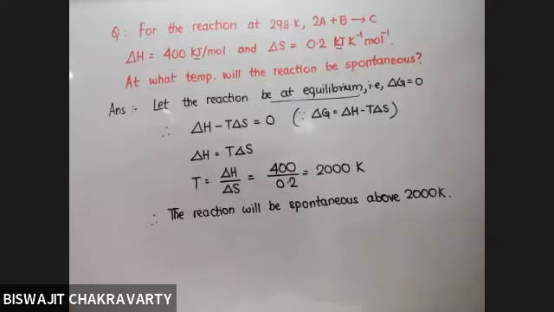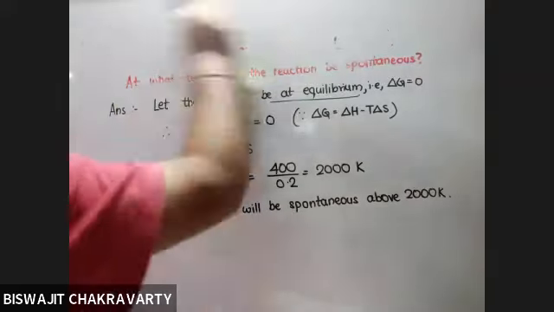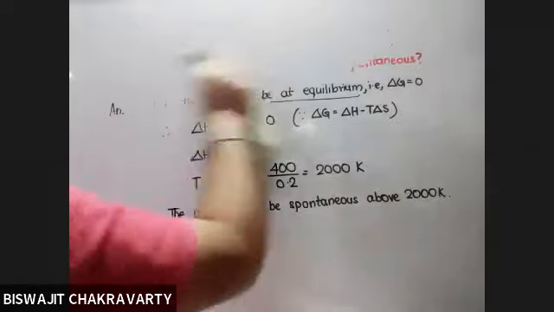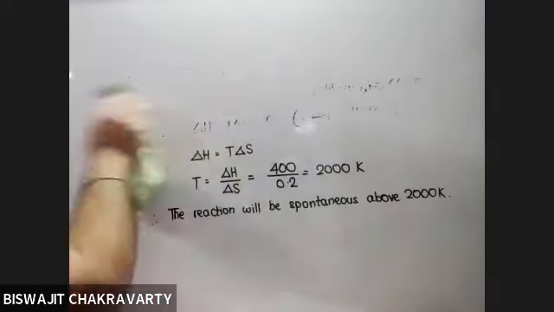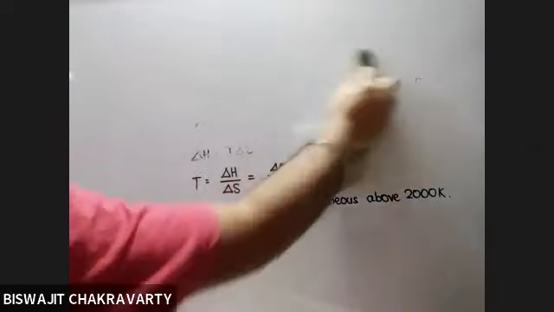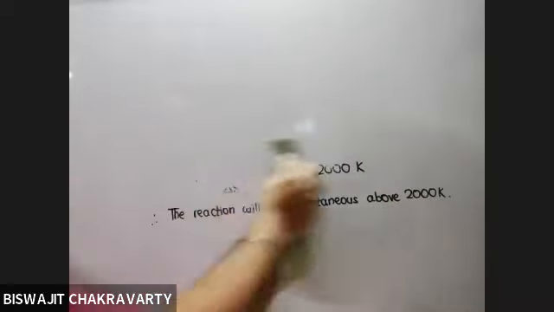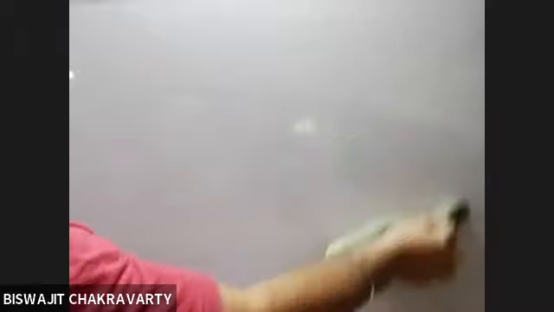Yes, sir. Okay, fine. So we can expect one question of this type under Gibbs free energy. So Gibbs free energy is an important criteria to predict the spontaneity of the reaction. Let us move on to next type of question.